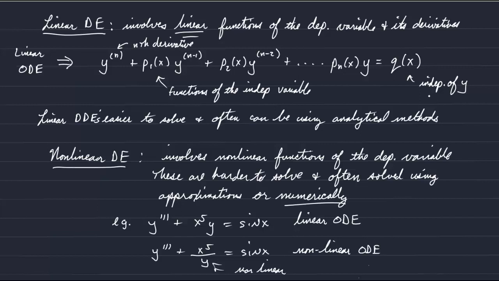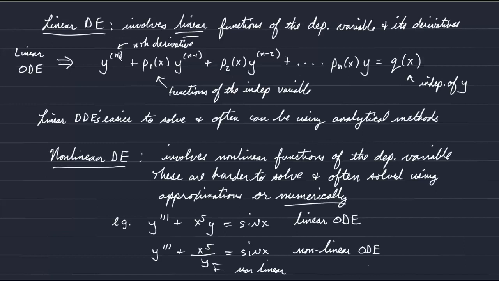The part that was independent of y we move to the right-hand side, and a homogeneous ODE involves the part that's independent of y equaling 0. So the right-hand side equals 0, if we reduce our ODE to this form.